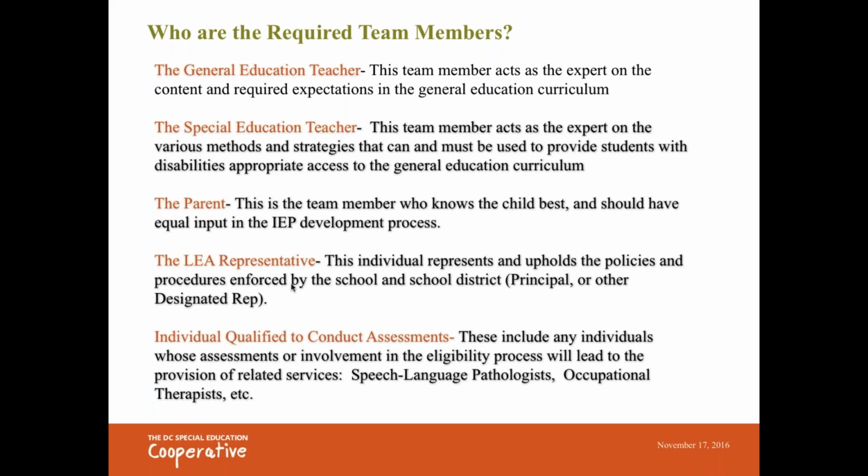It is expected that an LEA representative be on the team and attend the meeting. This is the person who upholds the policies and procedures enforced by the school or school district. So this should be an administrator, a principal, or other designated representative. In some schools, you might have a special education director who acts as the LEA representative.